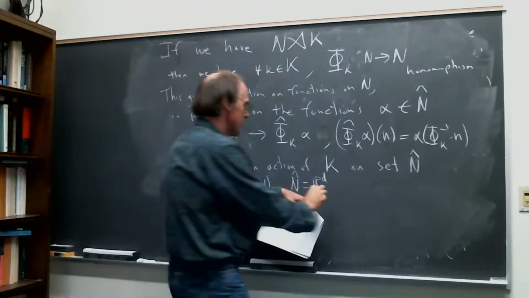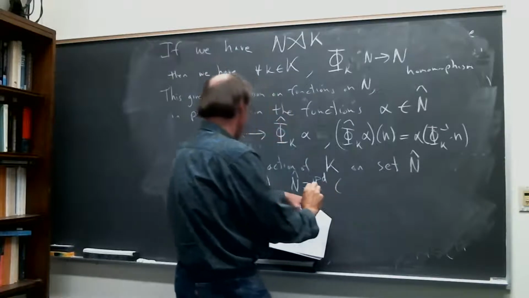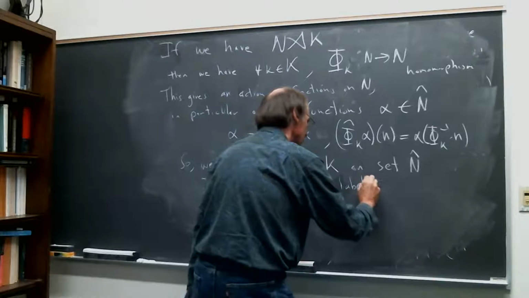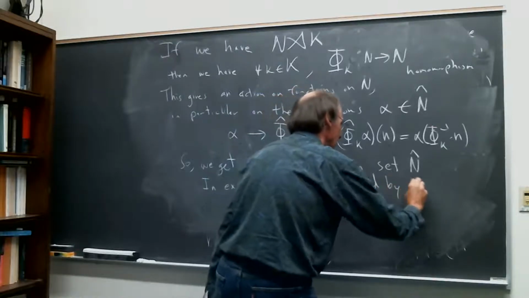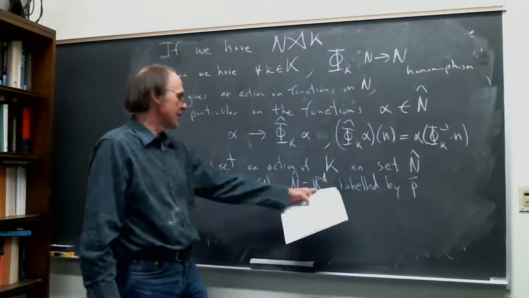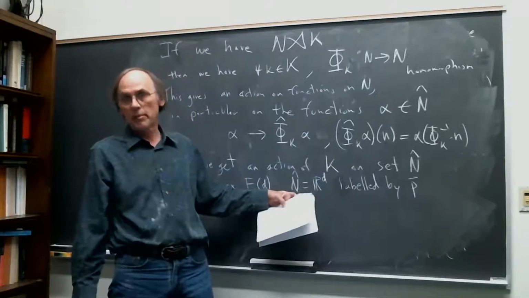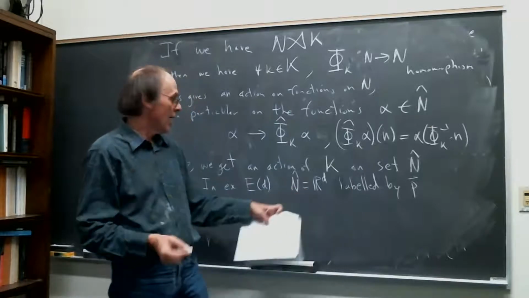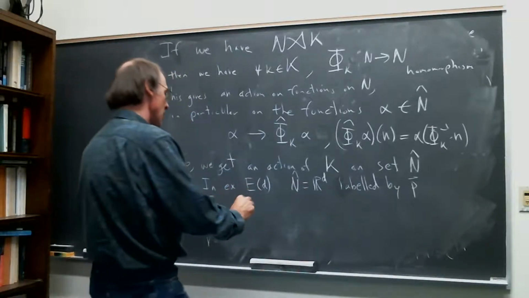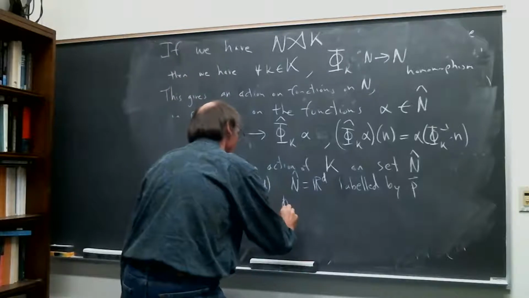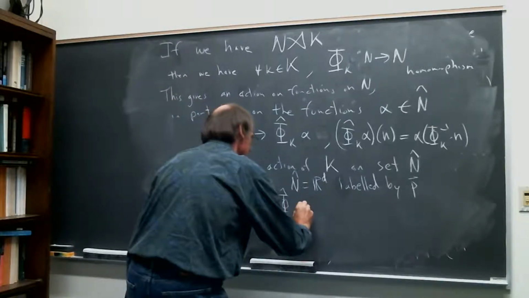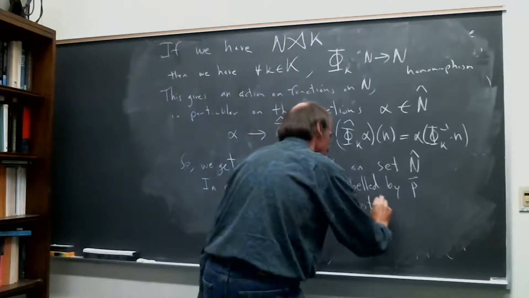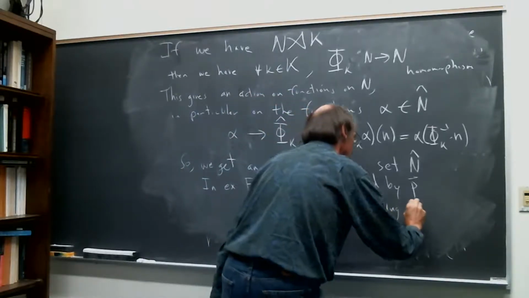So these guys are labeled by p vectors. So these guys are really just the momentum eigenstates. That's the irreducible representations of the translation group, and then phi hat acts by rotation. The p vector. Okay.